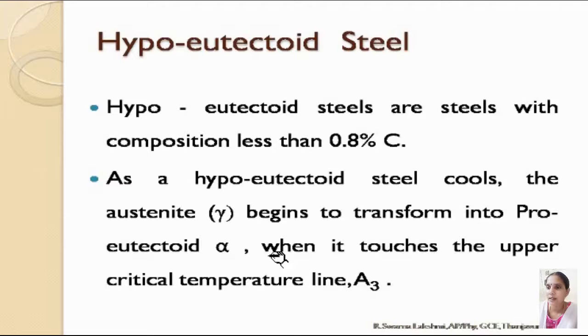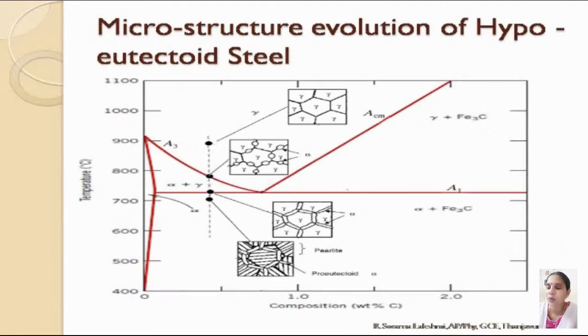As we saw earlier, steels with less than 0.8 weight % carbon are called hypo-eutectoid steels. When a hypo-eutectoid steel is cooled, we will now go to this diagram to understand this better.